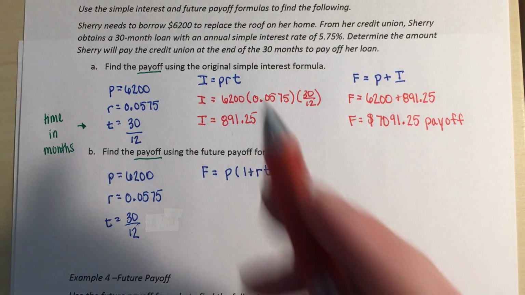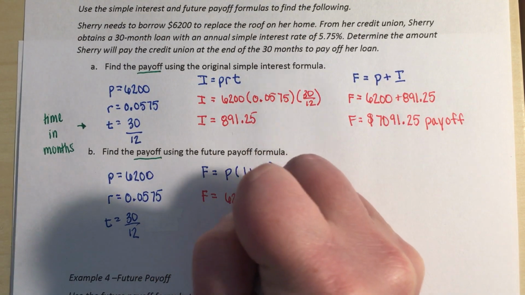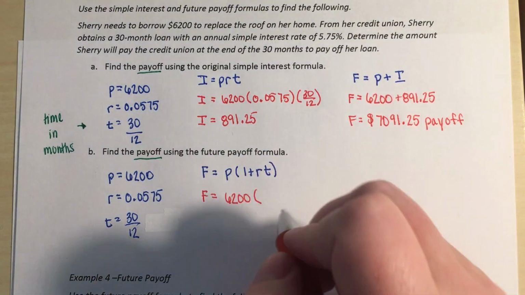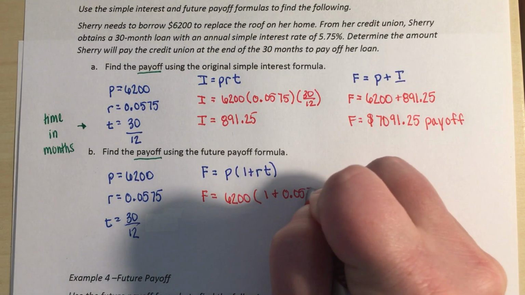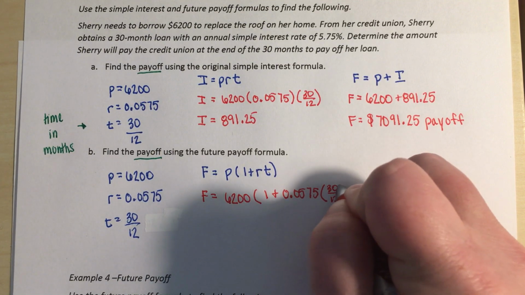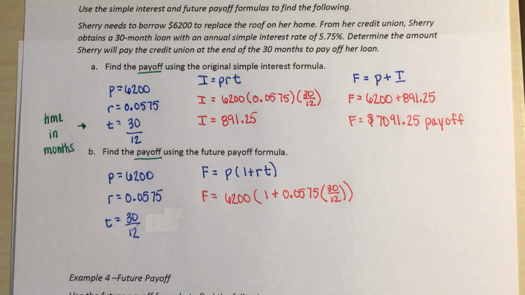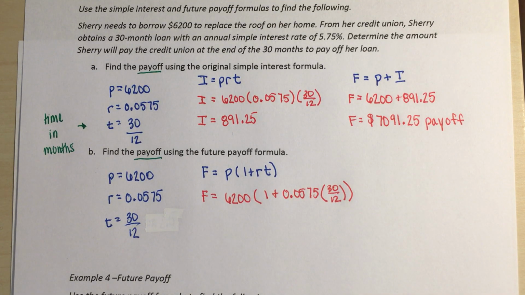All right, so we're going to plug all of this in. We're going to do 6,200 in parentheses 1 plus 0.0575 times our 30 over 12, or again, if you want to use that 2.5 in there. We can plug this into a graphing or scientific calculator all in one step.